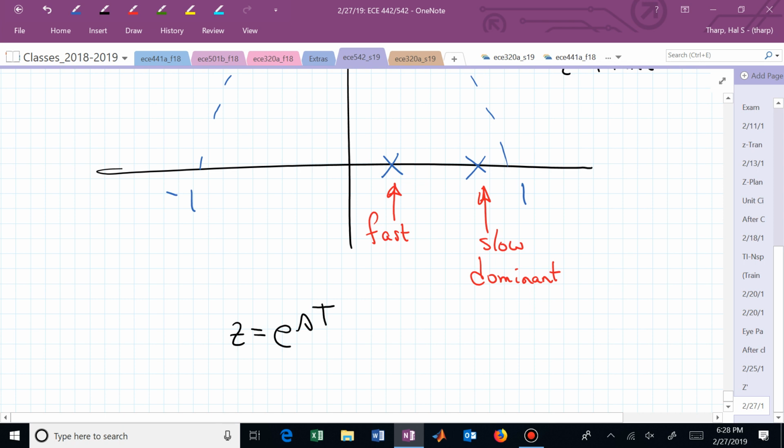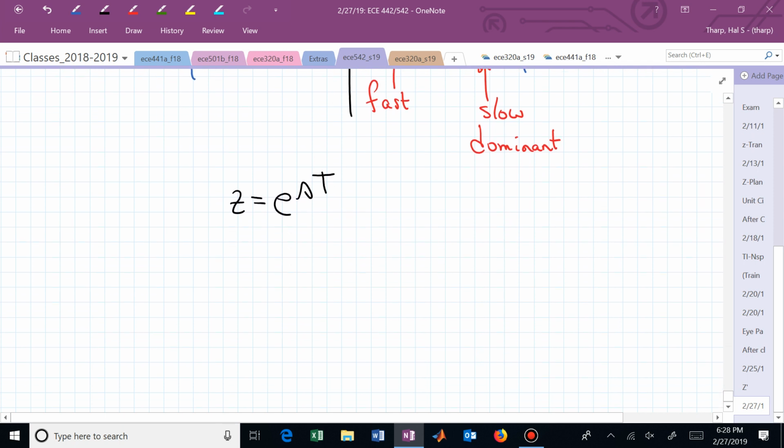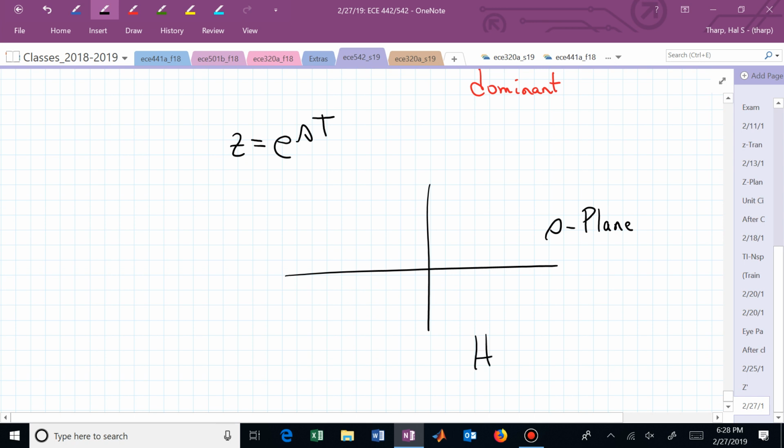Or where are we in the s plane for our frequency response? If I had a transfer function H of s, and I said, what's the frequency response of that low-pass filter, what would you do to produce the frequency response?